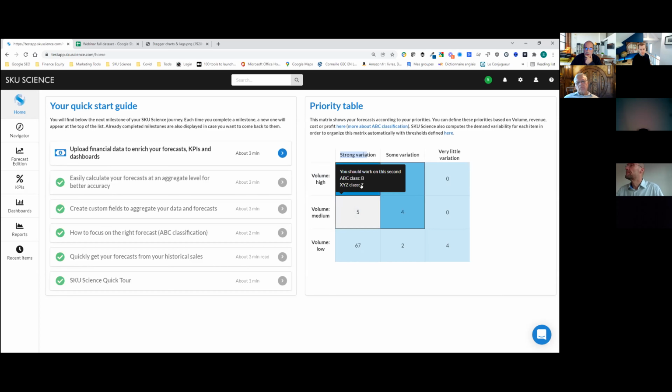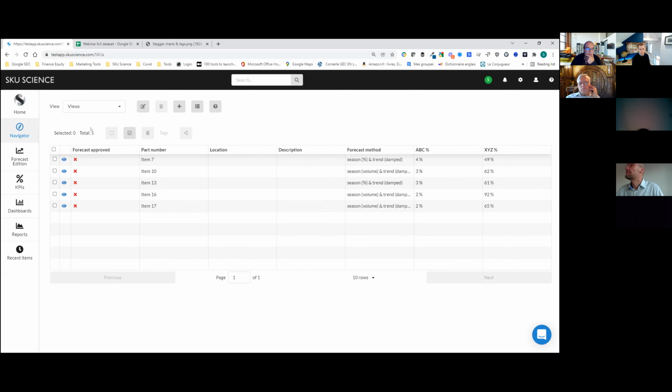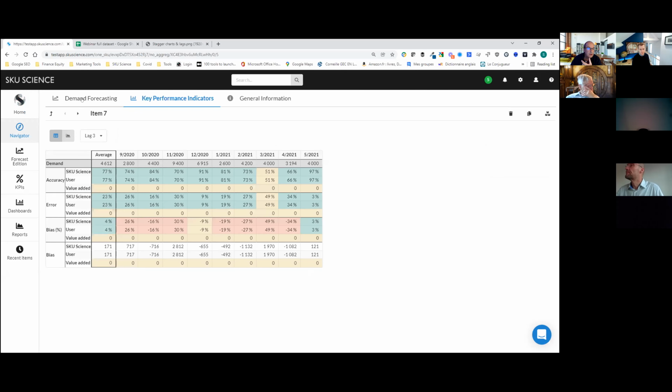If you go above this particular matrix, you'll see for each section that these ones are probably the most important, the AZ, because if we focus on units, they are the ones with the highest volume, but based on the coefficient of variation, it seems that there is a lot of variation in these items. If we click on them, we'll see the list of these 5 items, and we can check quickly.